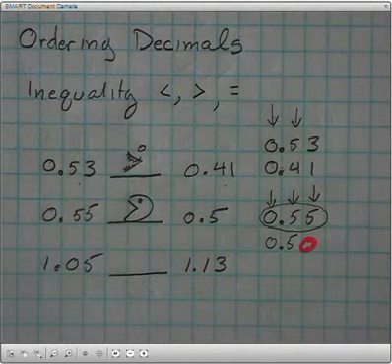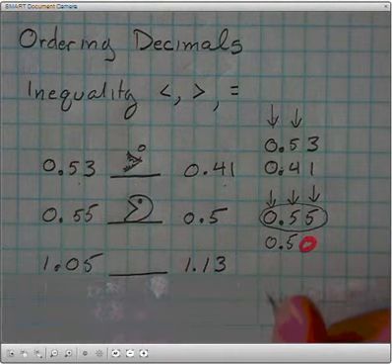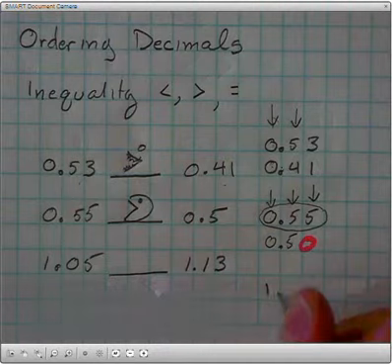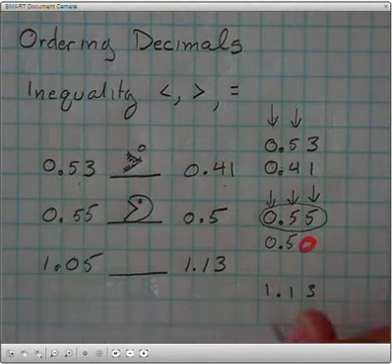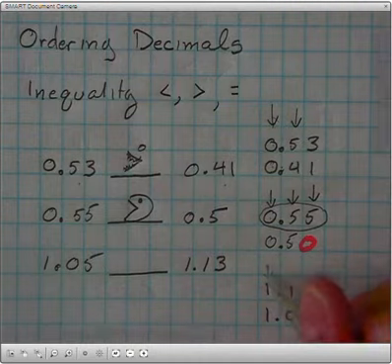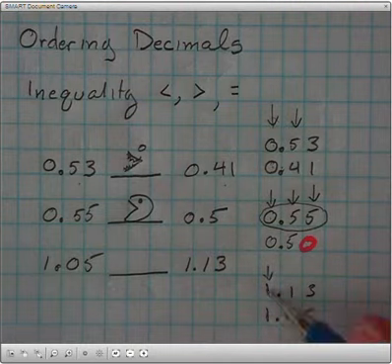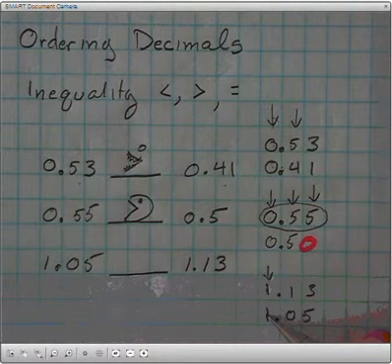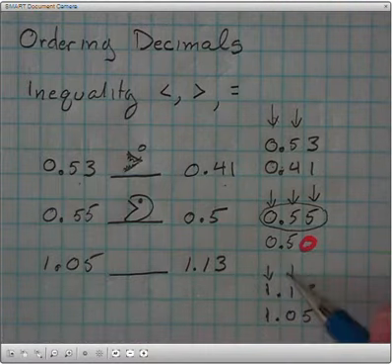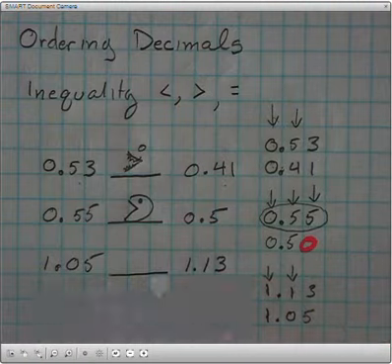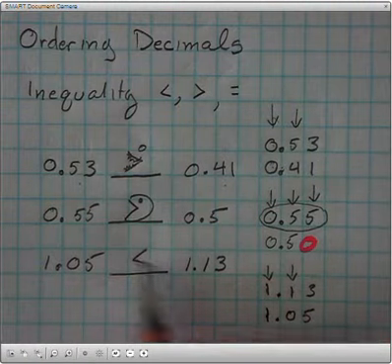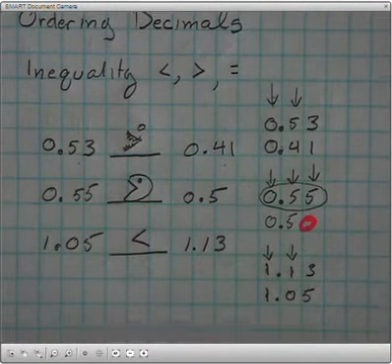Carly? And how do you know that? So we head over to the next case, the ones. Good vocabulary. So she said when we get over to the tens place, the ones place is a tie, isn't it? Alright, so we can't tell which one's bigger by the ones place. Decimals are lined up, and she said by the tens place we can tell that that one's going to be larger. Do we agree? Sure. I do. Great job.